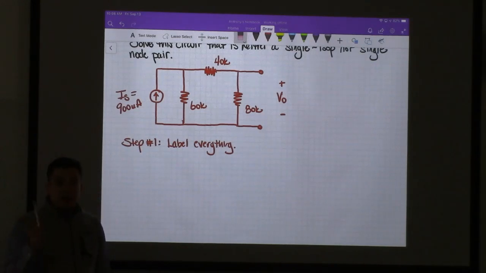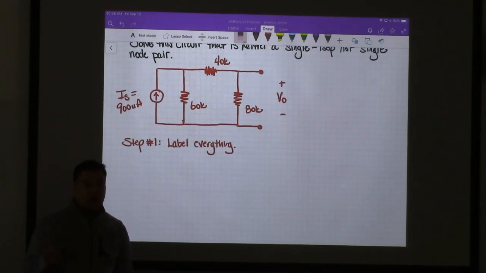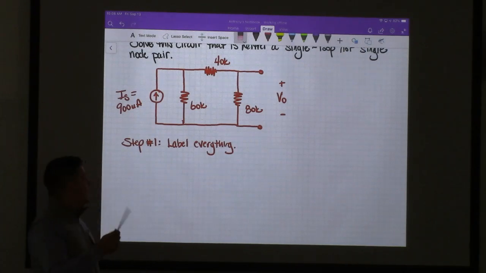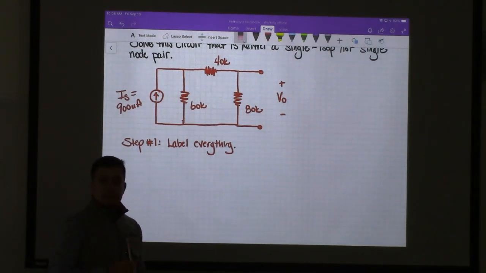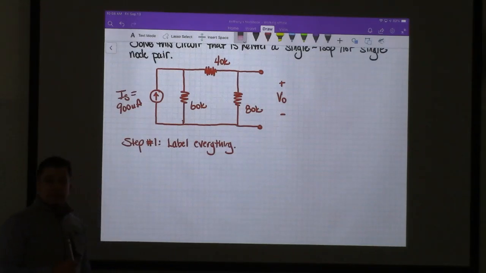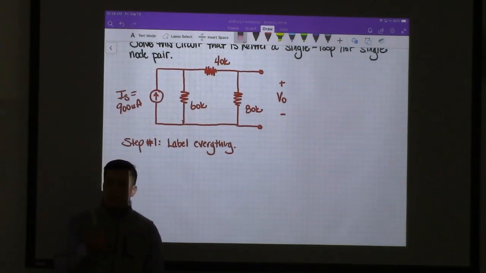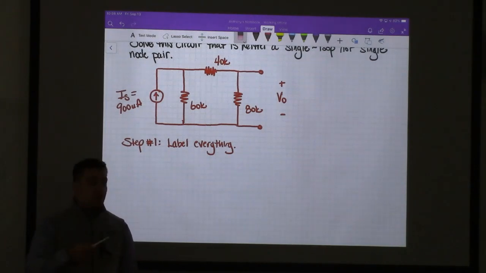Now, will that combo resistor be in series or in parallel with anything else? That's going to be in parallel with the 60. So then we can combine those two together as parallel, and then we're going to have a circuit that is both a single loop and a single node pair.